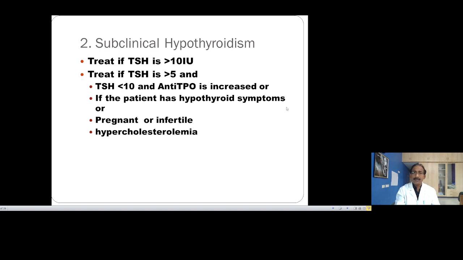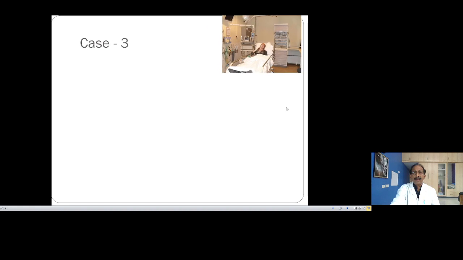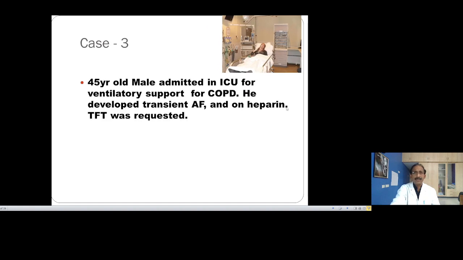And in an infertile couple, it's better to keep TSH less than 7. Suppose the patient comes with hypercholesterolemia, a vascular risk factor, and hypothyroidism can cause dyslipidemia, increased cholesterol, so you may have to treat. Otherwise, you don't treat subclinical hypothyroidism.